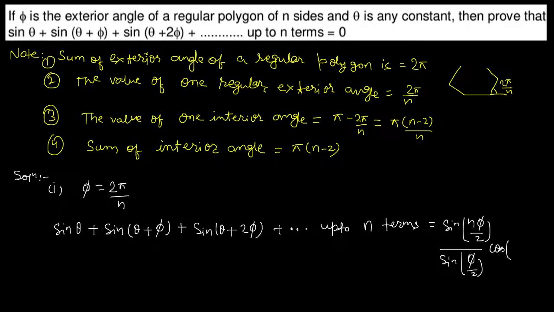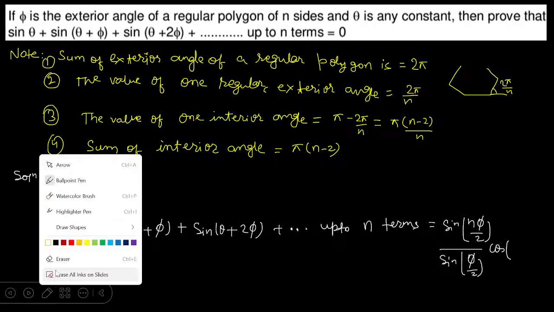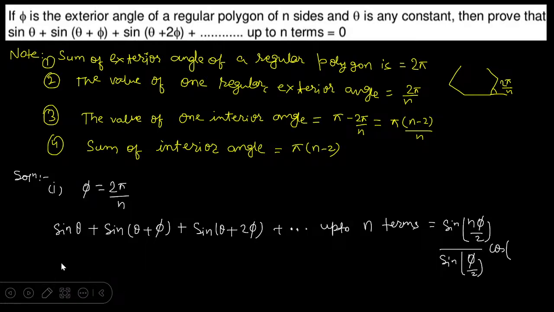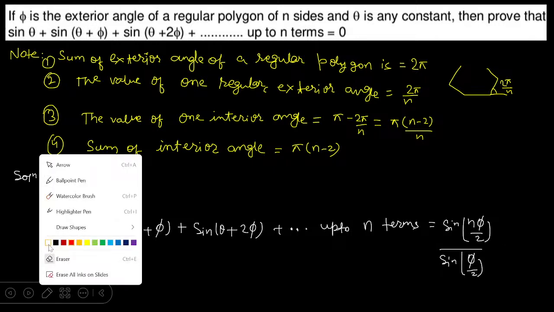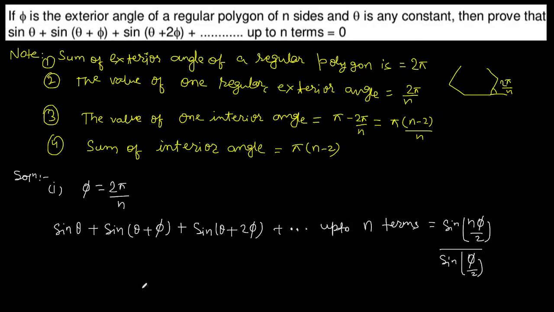If it is sine, there won't be cos, it will be sine only. Sine of theta plus n minus 1 phi by 2.